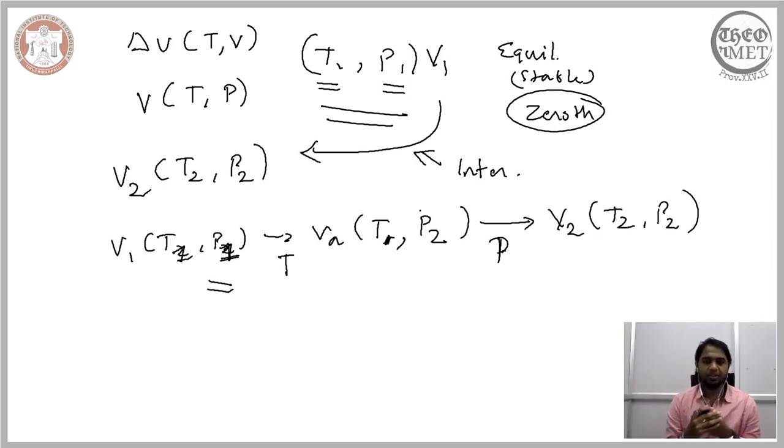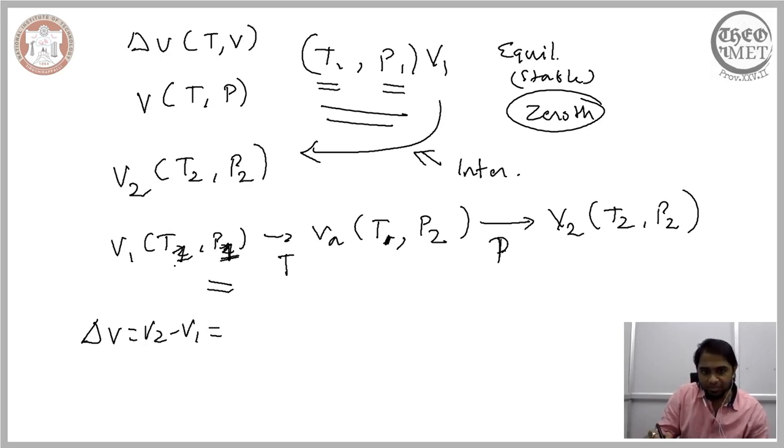This being theoretical, we have assumed our intermediate steps in this way. This introduction of the intermediate step has allowed us to express the overall change in the state of the system in a rather simpler manner. The overall change in the state of the system is characterized by delta V, which is nothing but V2 minus V1, and now instead of going directly from V1 to V2, we have considered an intermediate step.